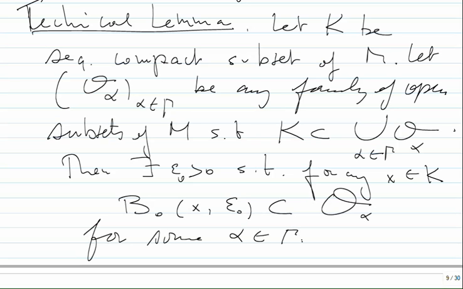So there exists an alpha in gamma such that the open ball with radius epsilon 0 is in O alpha.